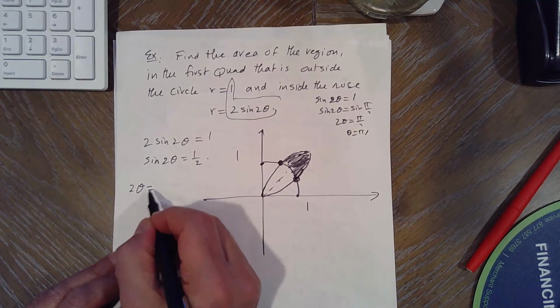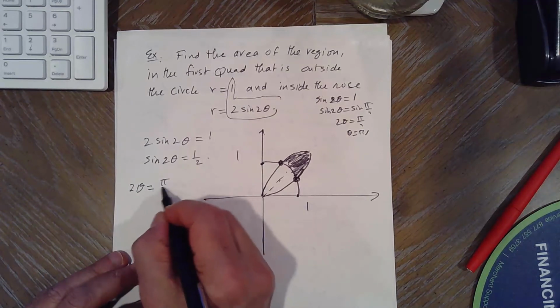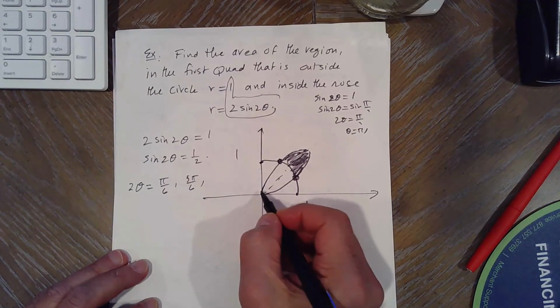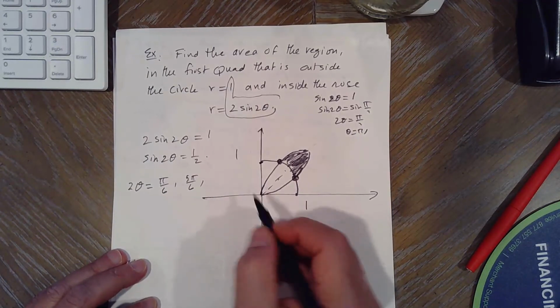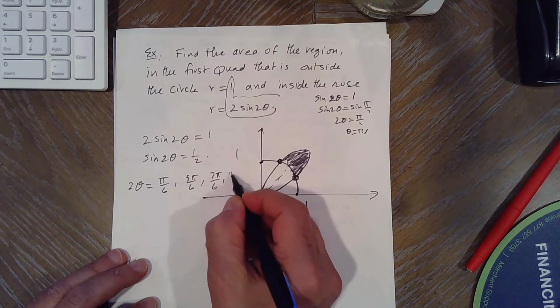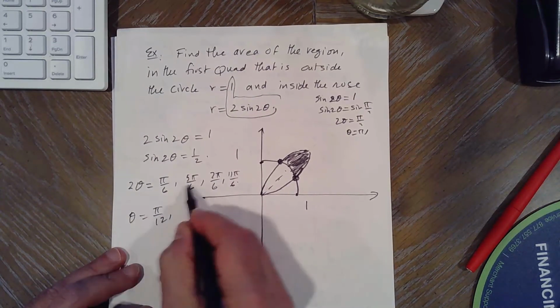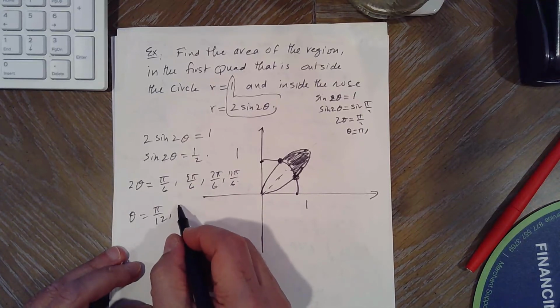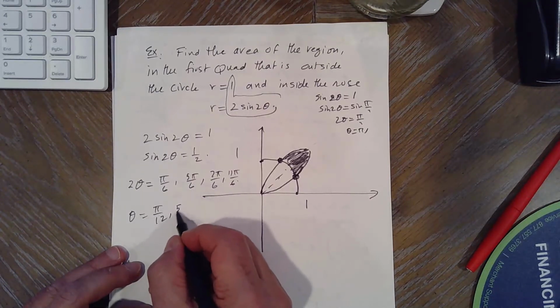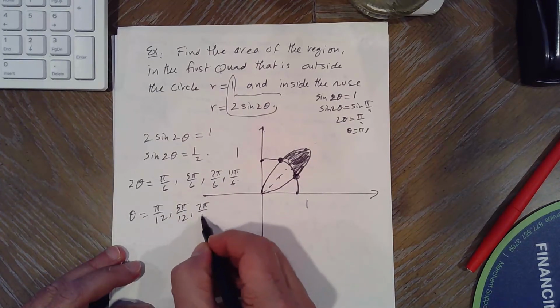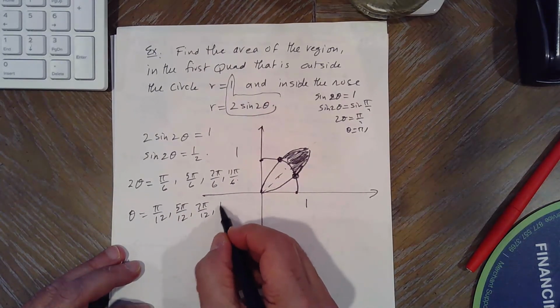So 2 theta equals either pi over 6 or 5 pi over 6, or 13 pi over 6 or 17 pi over 6. That means theta equals pi over 12, 5 pi over 12, 13 pi over 12, and 17 pi over 12.